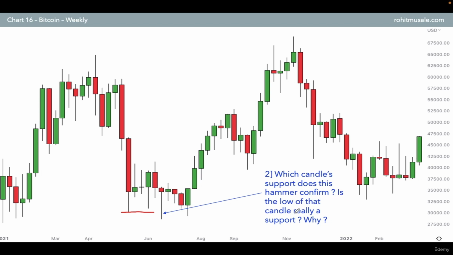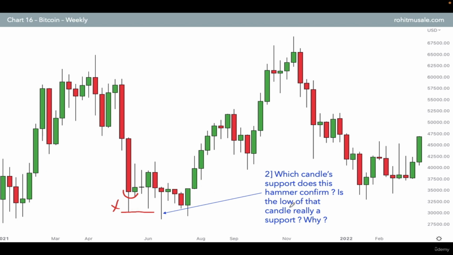Is the low of that candle really a support? The answer is no. We cannot consider the low of this candle to be support because it's not a special candle or it doesn't complete any pattern. If we look at these two candles, that's a bull harami, right? But the low of the bull harami does not become support.